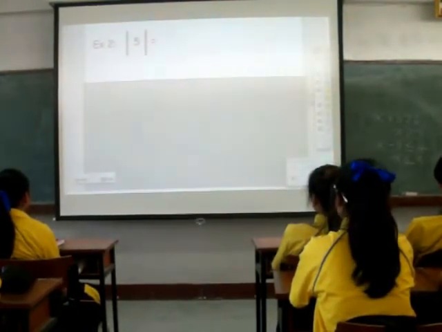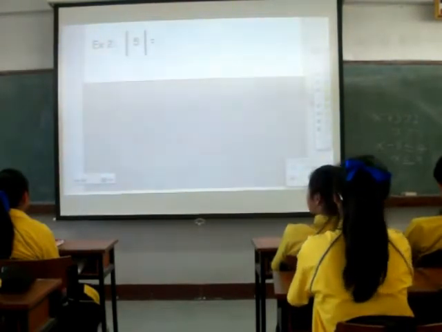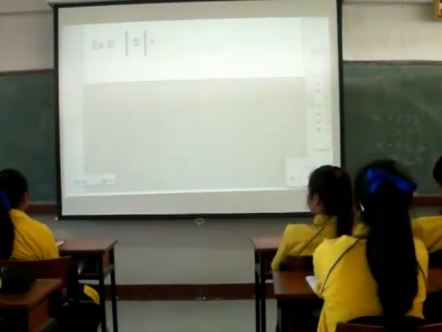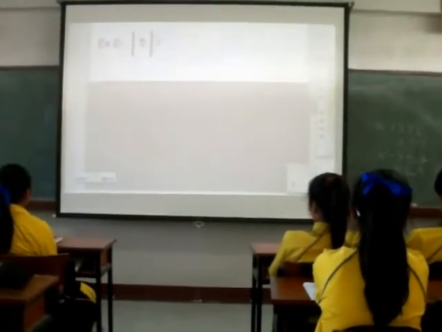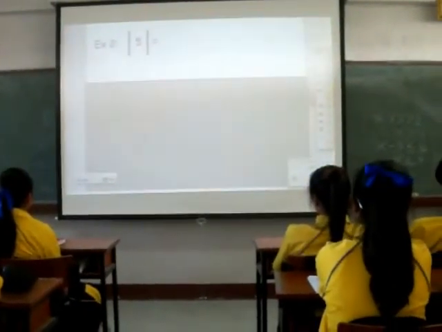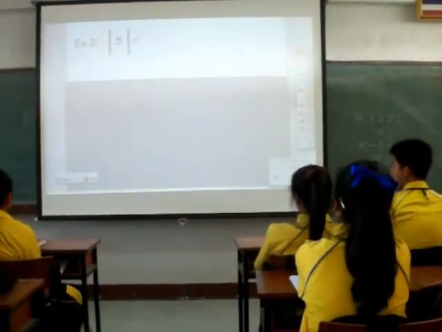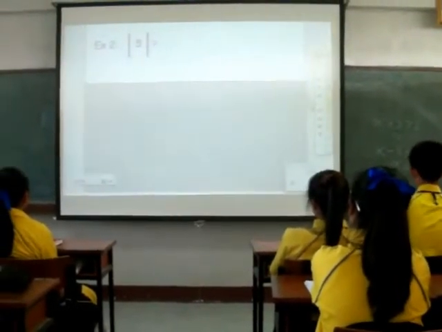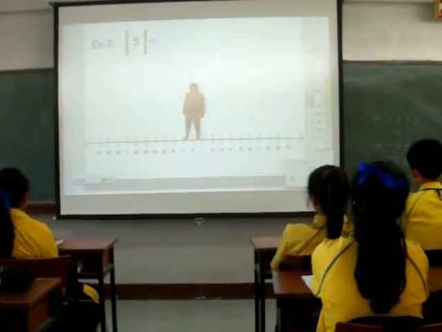Looking at this example, you would read this as the absolute value of 5. Those bars hold that number captive until you can tell what the absolute value is. Once you've given your answer, the absolute value bars aren't necessary anymore and they cannot be used. So here's Andre standing on 0.